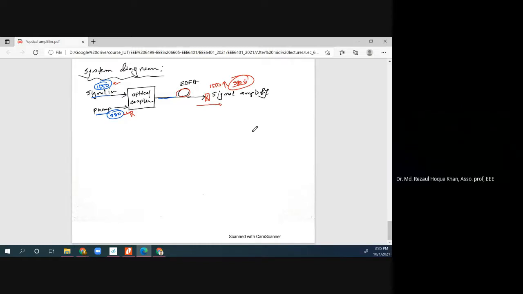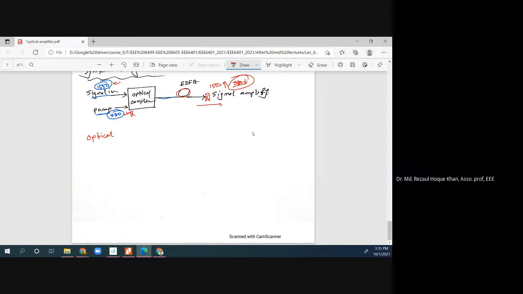Okay, so let me see where the optical modulator is in your syllabus. Let's check.